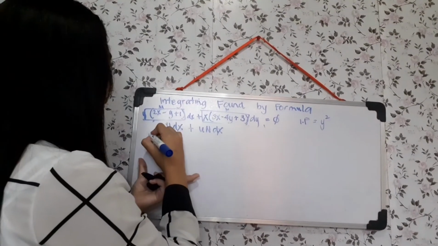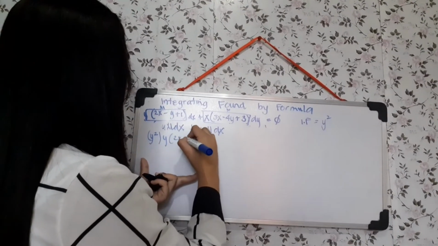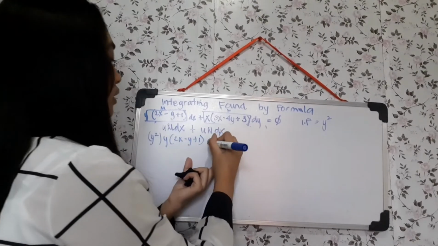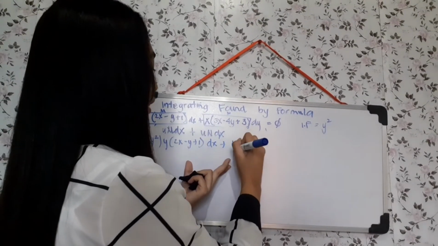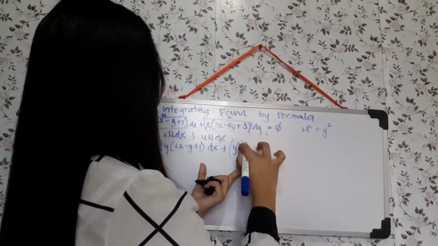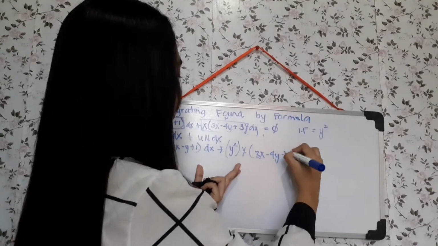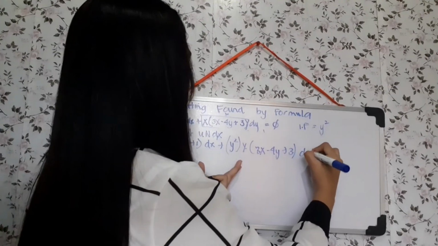So we have y squared times y(2x minus y plus 1) dx plus y squared times x(3x minus 4y plus 3) dy equals 0.